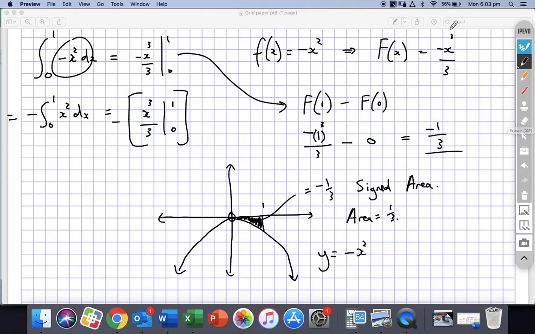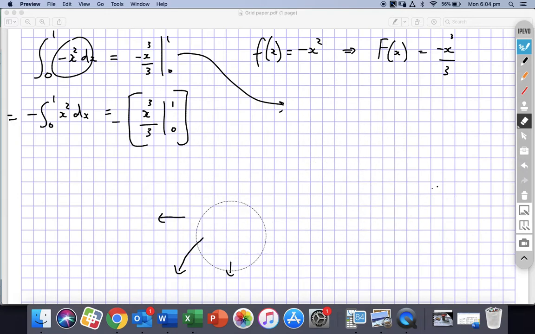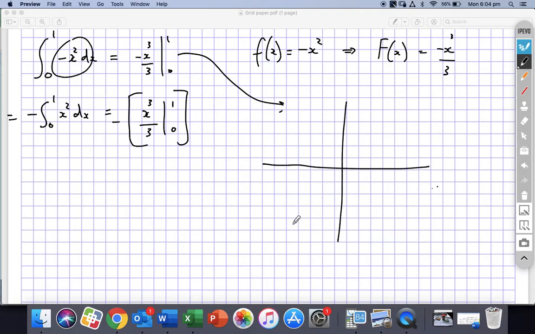If I was to graph this, let's just think about the antiderivative for a minute. You know what y equals x cubed looks like. You get this point of inflection, nice looking graph. The third will stretch it out a bit, and the negative will put it the other way around. So instead of coming up like this, it's going to be more like that.